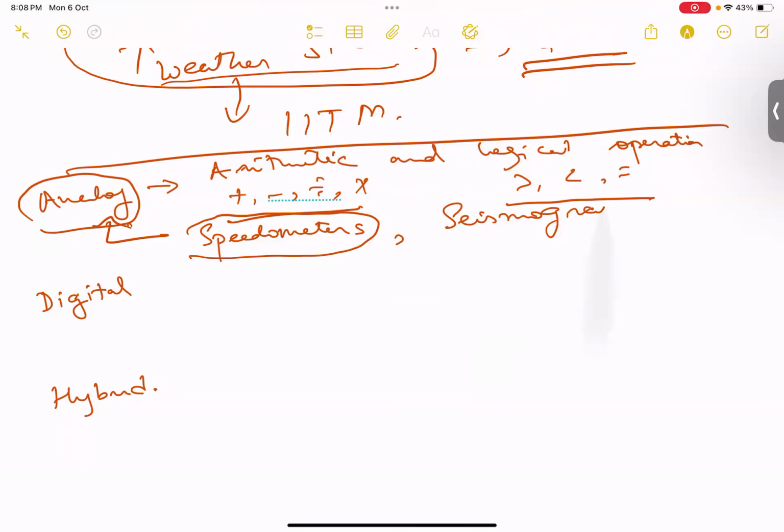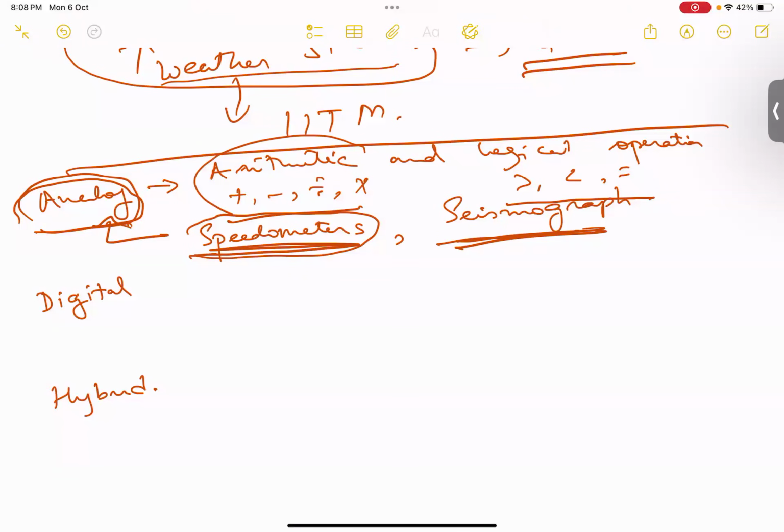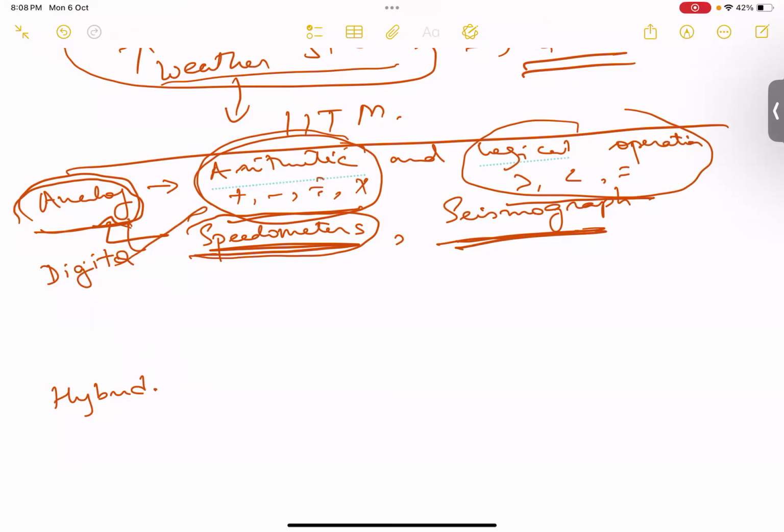The seismograph measures the intensity, the magnitude of an earthquake, right? So speedometers and seismographs are analog computers, okay? They perform simple things like arithmetic operations and logical operations. Yes, these things are also performed by digital computers, okay? But their functioning is different, right?